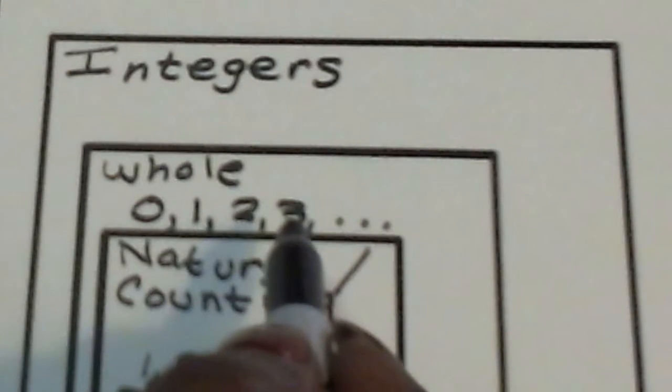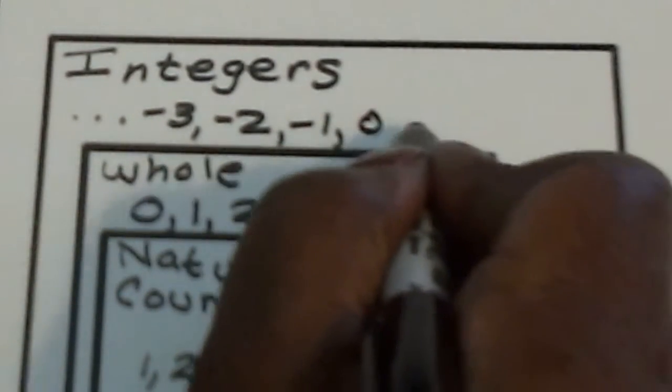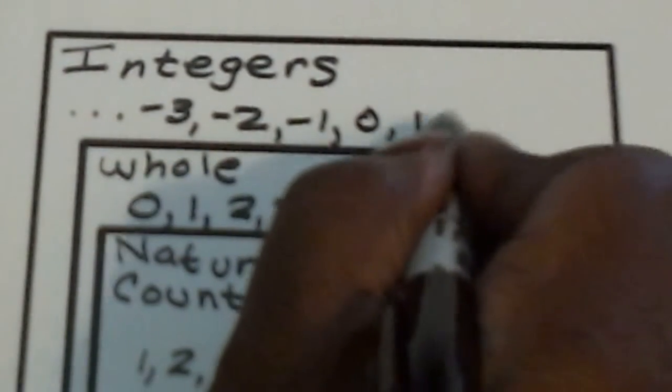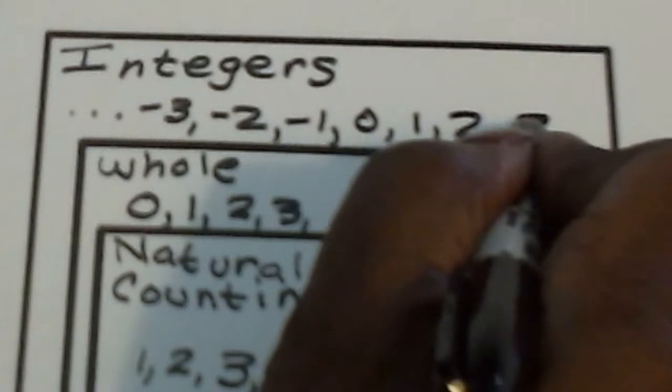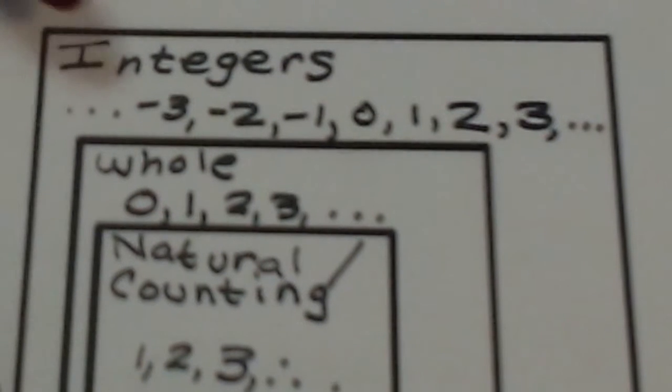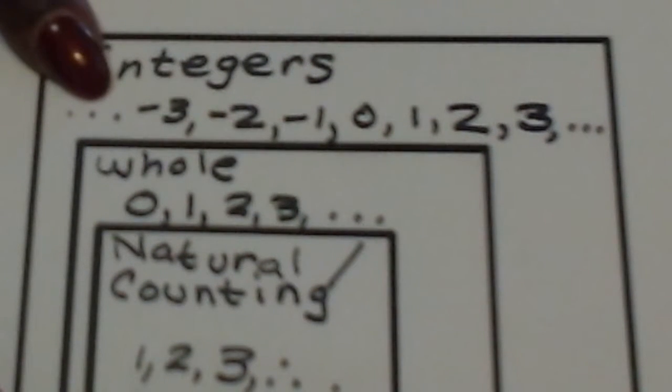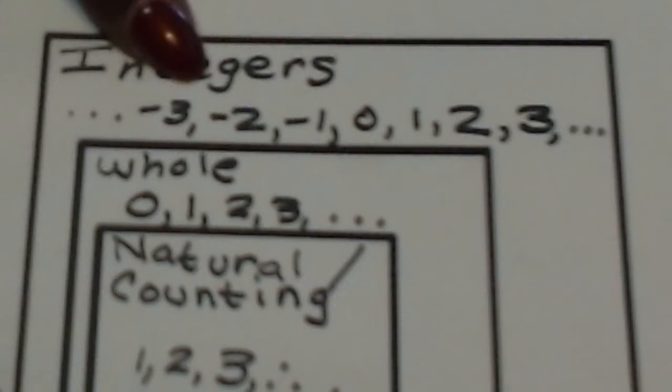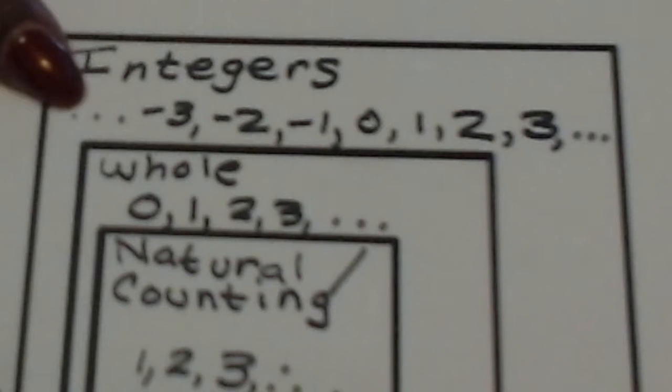Examples of integers are -3, -2, -1, 0, 1, 2, 3, and these numbers go on indefinitely. Now notice that the negative integers also go on indefinitely. So no matter which direction you go in, positive or negative, the numbers will go on indefinitely.